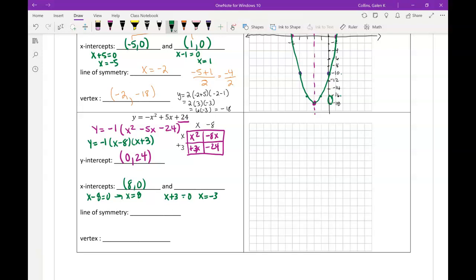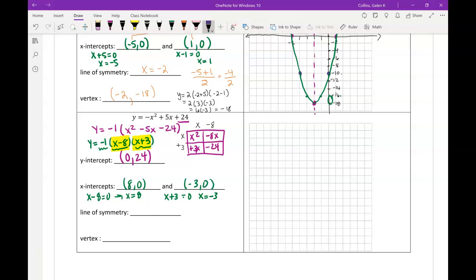So when I'm doing this, I don't need to worry about the -1 because we're in factored form, and -1 itself can't equal 0. So I'm just thinking what x values could make this factor or this factor 0, since I know -1 itself is not 0. All right, so we get our two x-intercepts.